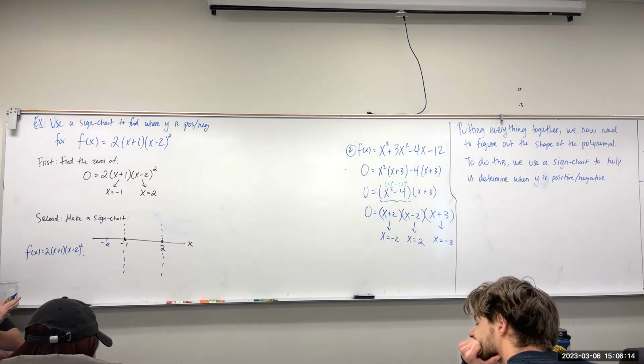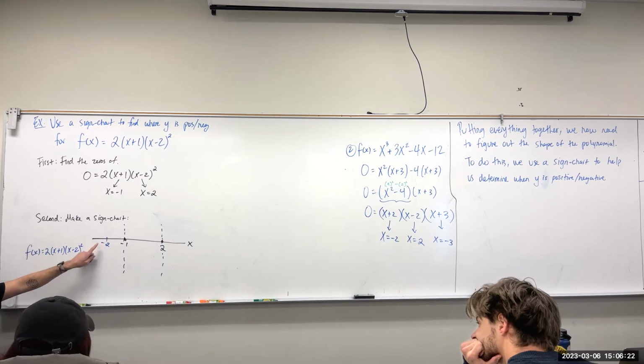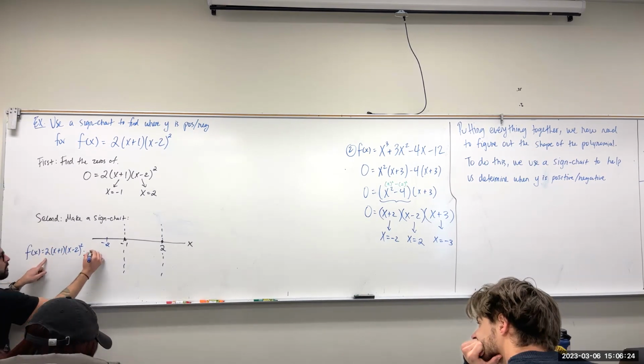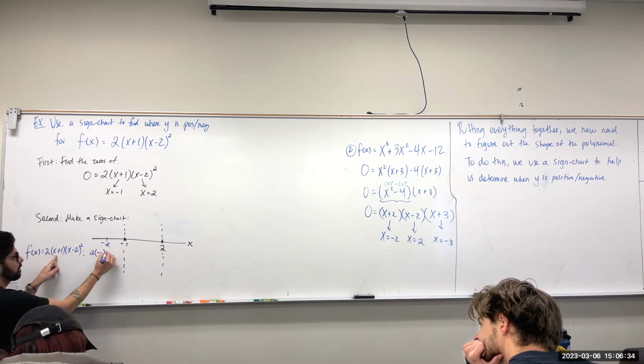All you care about is the sign of the y value. You don't care about the actual y value. You just care about the sign, okay? So if you plug in -2, you're going to get 2 times... Is this going to give you a positive or a negative if you plug in -2? It's going to give you a negative.